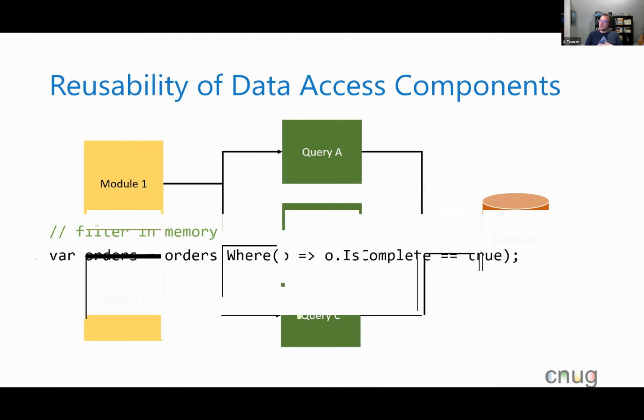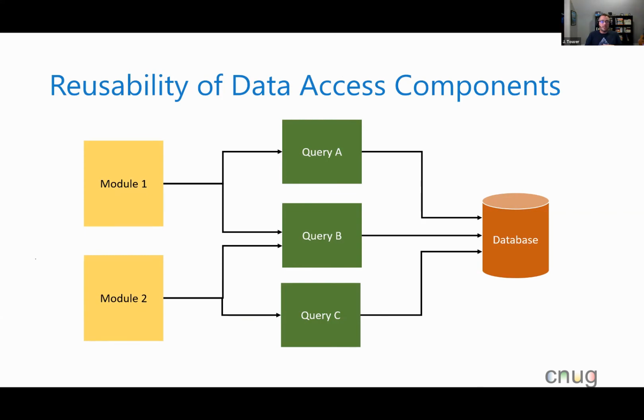Maybe for a given username, I want to get the user ID because certain parts of my application need to know the user ID. I don't want to have to rewrite it over and over again. If there's a bug in it, I don't want to have to worry about finding all the places to update it. I want it to be in one place. So I want a data access layer that has components like this that are reusable throughout.